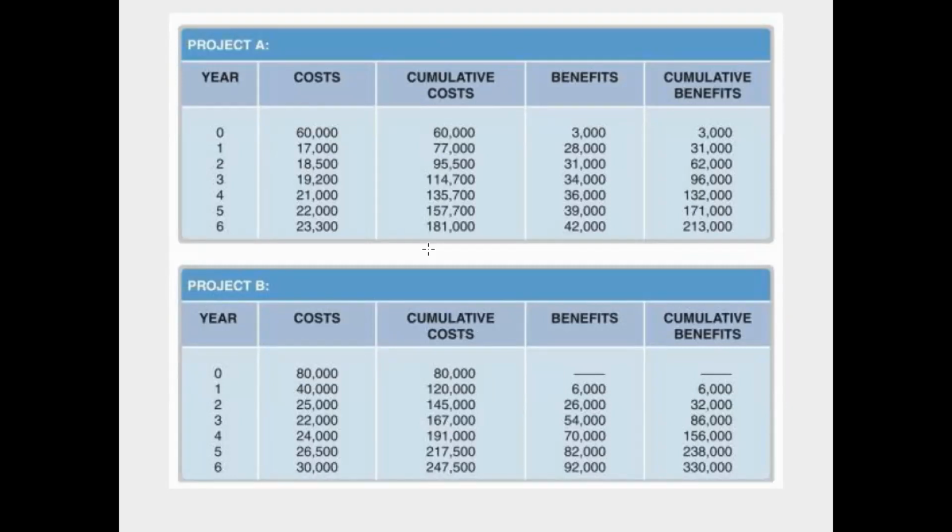The cumulative benefits you will see in another column, and the cumulative cost is another column, which you can use to decide. Using both the cost and the benefit, we can decide on the payback period. Similarly, project B also shows a similar kind of pattern.